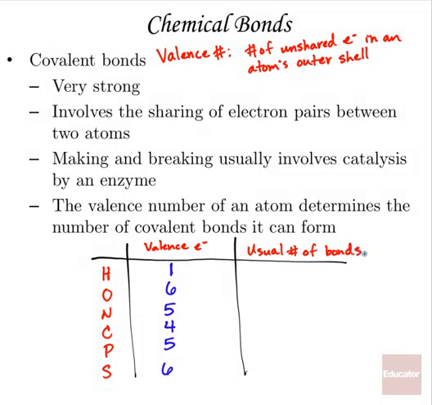So, hydrogen, I said, was the only one that doesn't want 8. And that is because hydrogen, its full electron shell consists of 2 electrons. Okay? So, every bond is a sharing of a pair of electrons. So, with hydrogen having 1 valence electron, and it only liking to have 2, to fulfill it, it can make one bond.